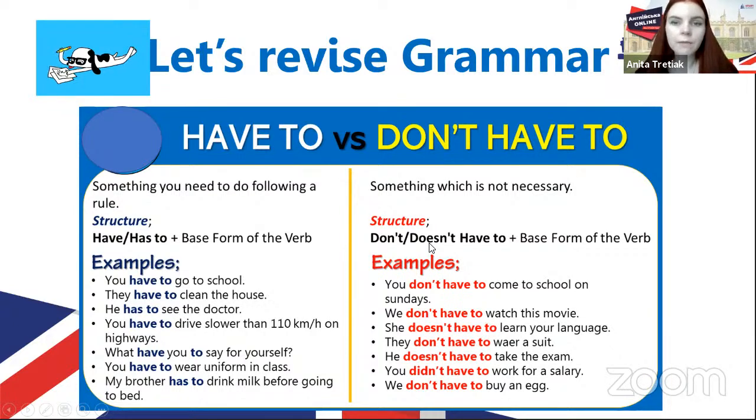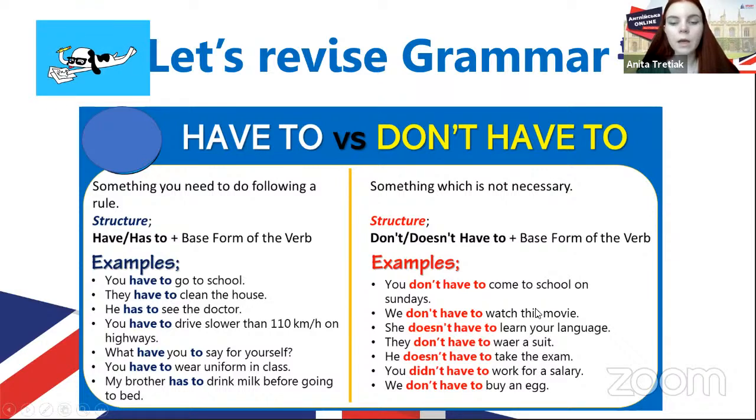And doesn't have to is used when we have he, she, or it, and also if you have singular nouns. And after that, you also have the base form of the verb, just as it was before.